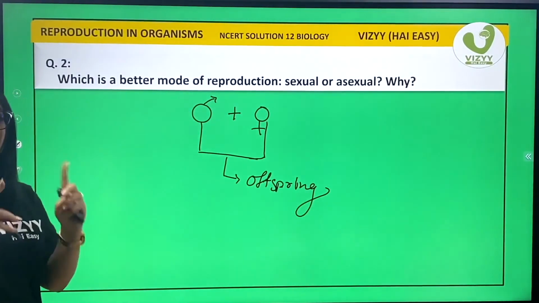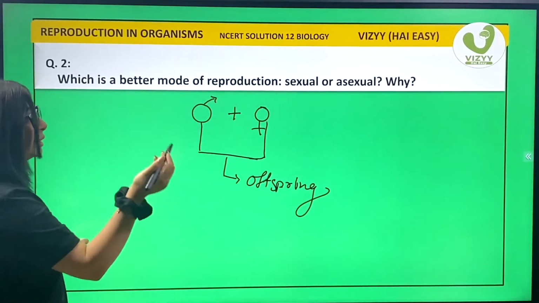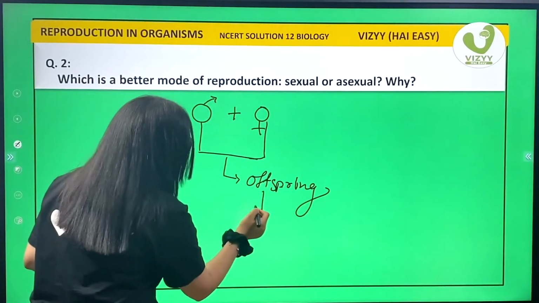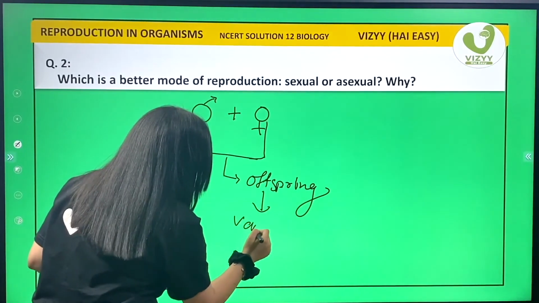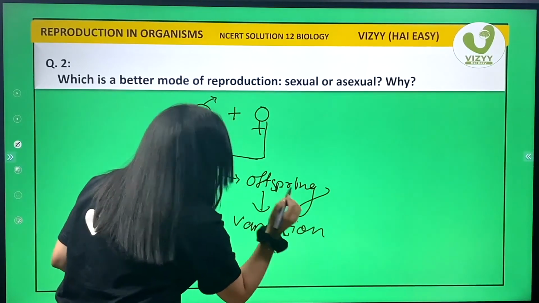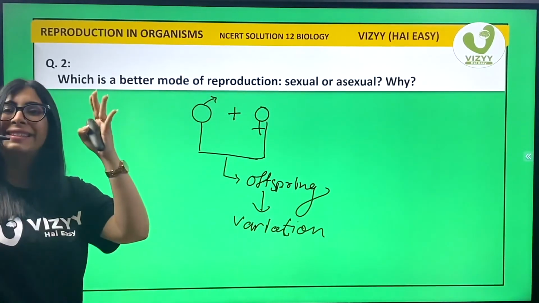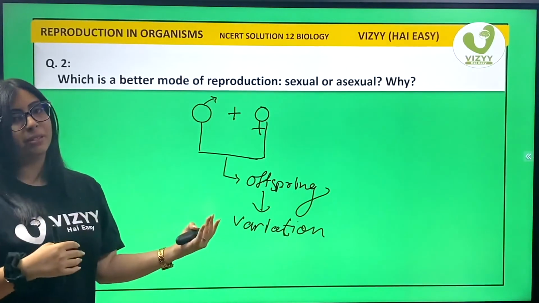Because there are two parents involved, because there are two gametes involved, it gives rise to variation. And because of variation, the offspring would not be exactly like what its parents look like.